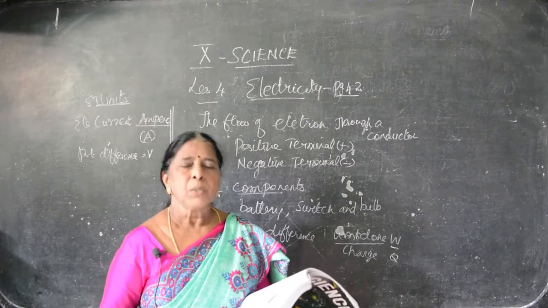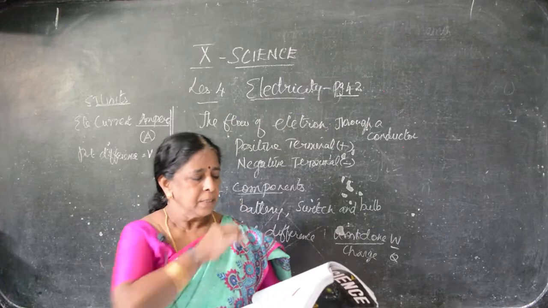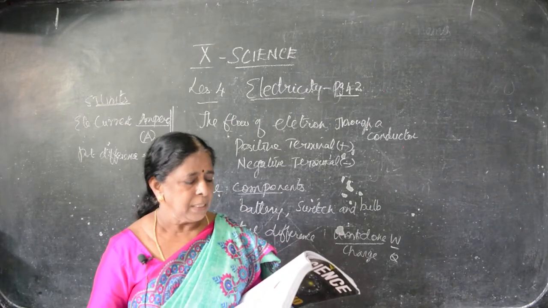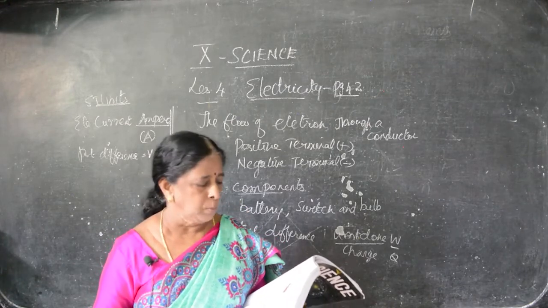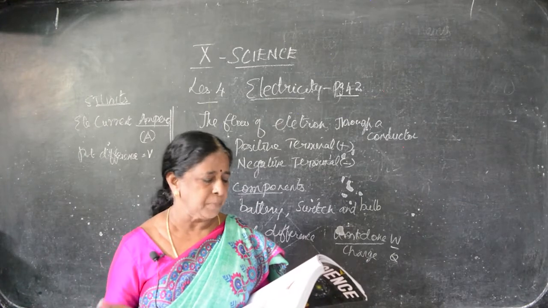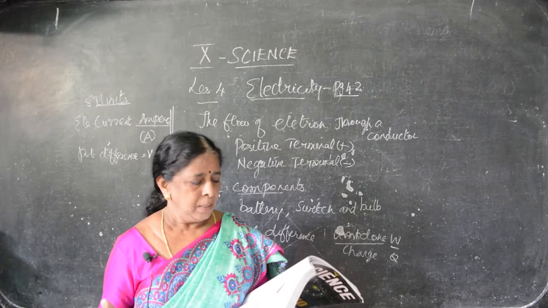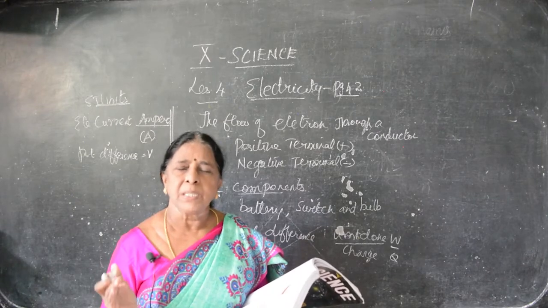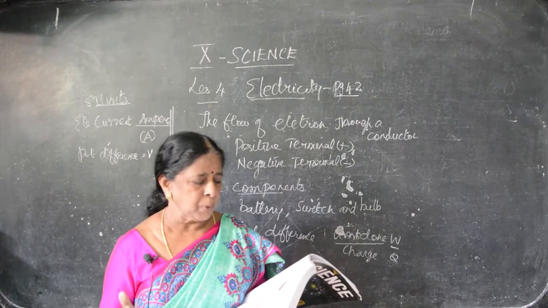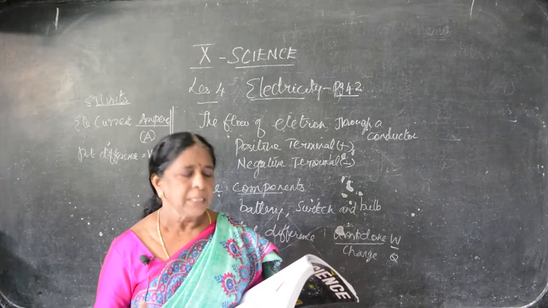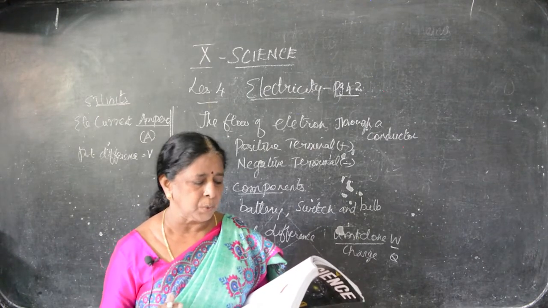Ohm's law. He is a German physicist, his name is George Simon Ohm. He established the relation between the potential difference and current. So what is Ohm's law? It says what the potential difference is and how it is connected to the current.